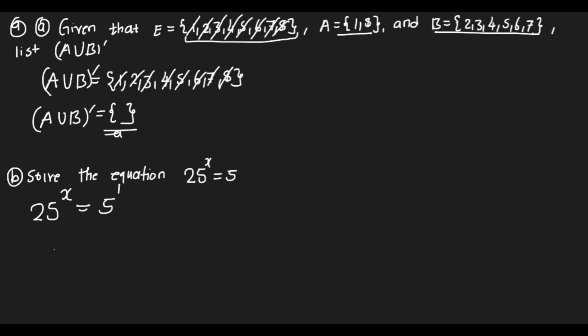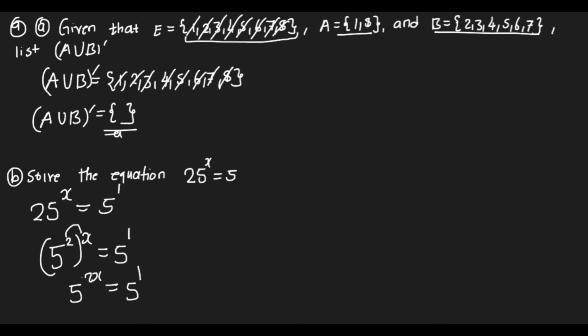So 25 is the same as 5 raised to the power 2, all raised to x, is equal to 5 raised to the power 1. Then according to the rules of indices, we can multiply the 2 with x. This will give us 5 raised to the power 2 times x, so we have 5 raised to the power 2x is equal to 5 raised to the power 1.